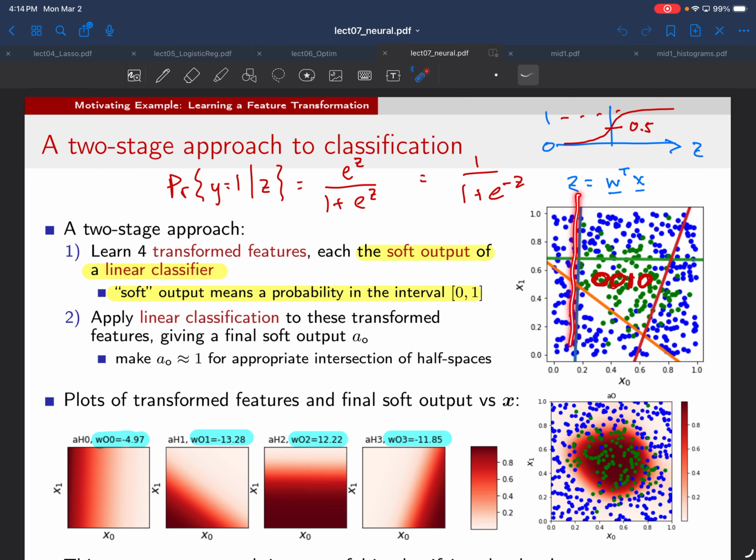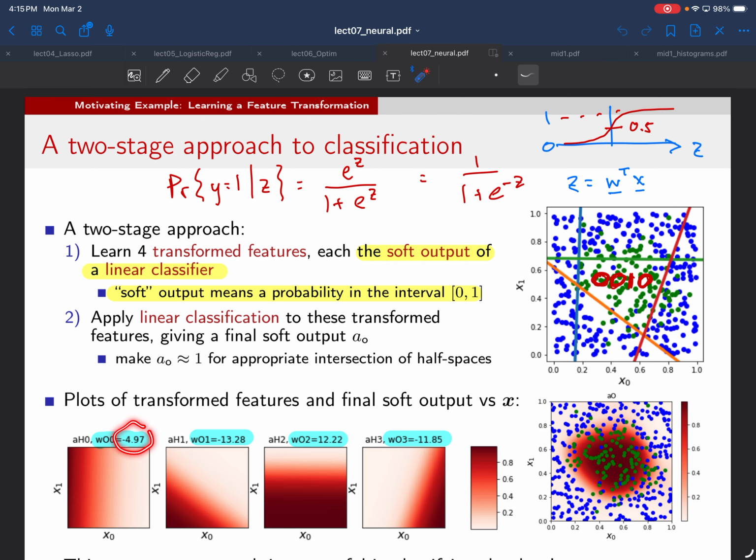So for this boundary, it turns out that to this side, Z was positive, and so that means as you get further here, the soft output gets closer to 1, and this heat map shows us by the color. And then for this boundary, one is on this side, for this boundary, one is on this side, and for this boundary, one is on this side. And so that gives us this pattern right in the middle.